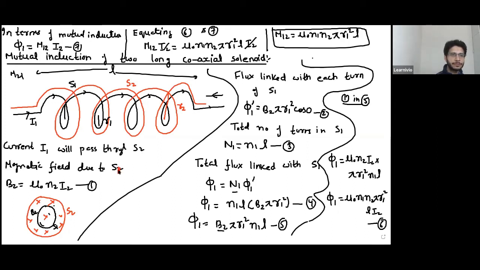When it passes through S1, the magnetic field B1 is mu naught N1 I1. That's my first equation. If you look at this diagram very carefully, this is your outer solenoid S2.